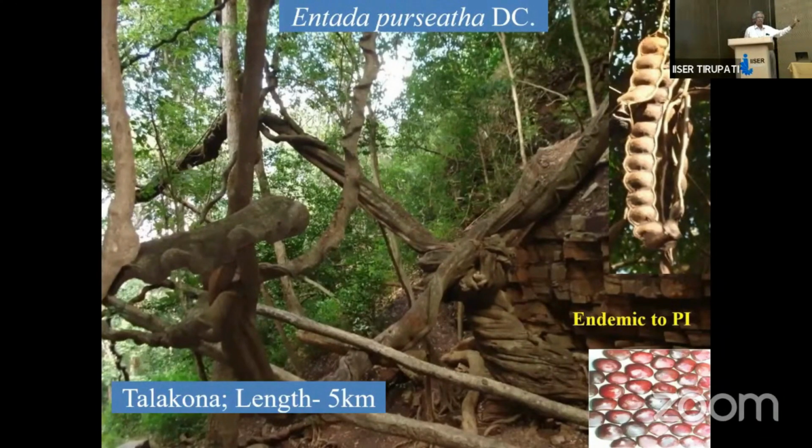Remember, go and see in Talakona, also in Rampachodavaram, also between Rampachodavaram and Bhadrachalam, also in the Nallamalais. It is being collected mercilessly and sold in the market. After some time, I am worried it may disappear. In the Indian Institute of Science also, they planted it. It is almost one kilometer long, a vine.